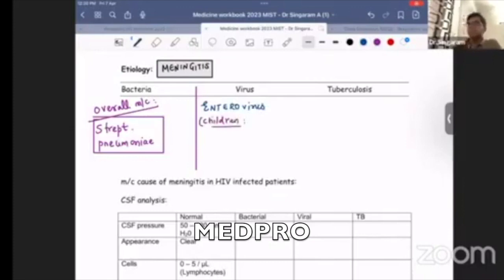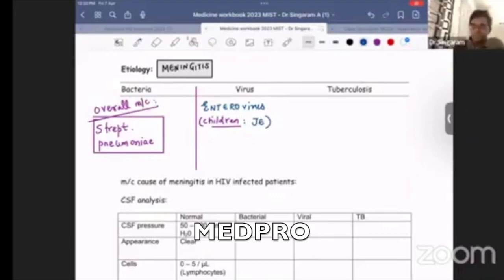It's a virus which is spread with the help of mosquitoes. Culex mosquitoes is the clue. JE, what is that? Japanese encephalitis. In children, the most common virus associated with encephalitis or meningoencephalitis is Japanese encephalitis virus. But overall, in adults worldwide, the most common cause will be enterovirus.